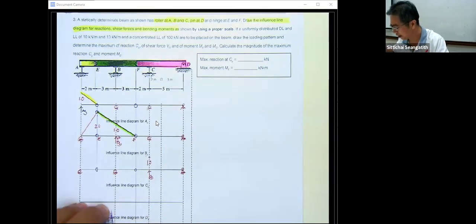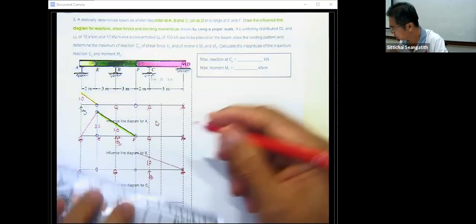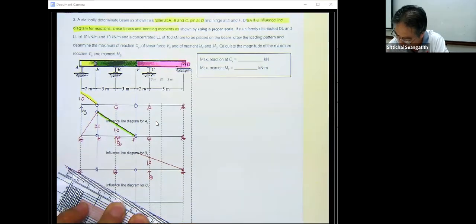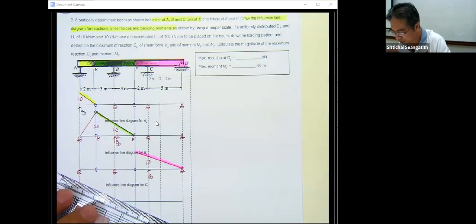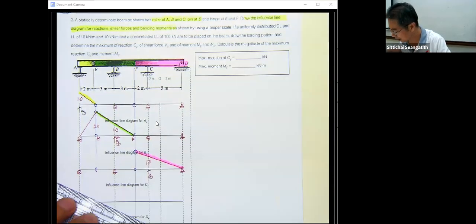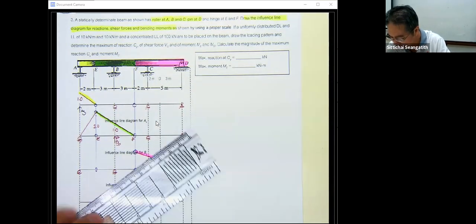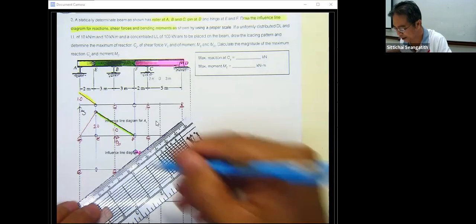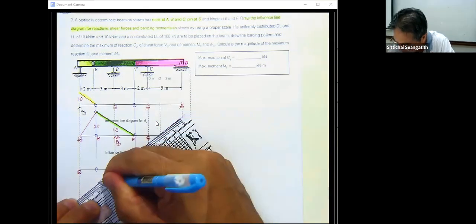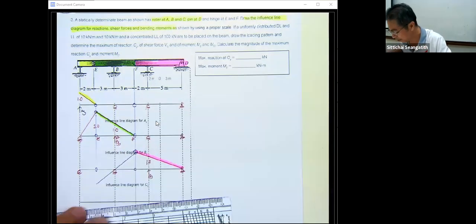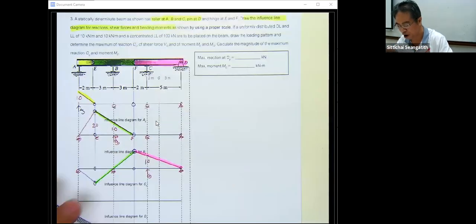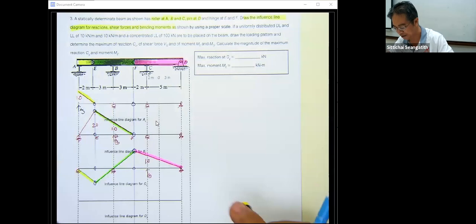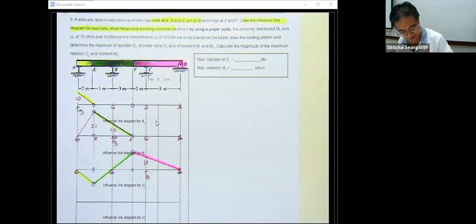And since they are the same piece, they are going to move together as a piece like this. And then this one is going to be the hinge, and when this one is a hinge, this portion moves together. This one is going to be this green piece. And the last one is going to be the rotating point. And then we have this one for the piece of AE. That is the influence line of C sub Y.